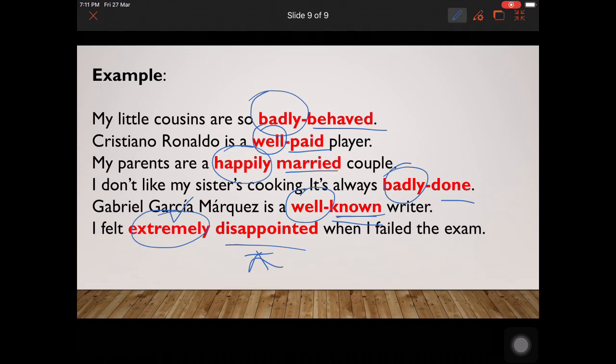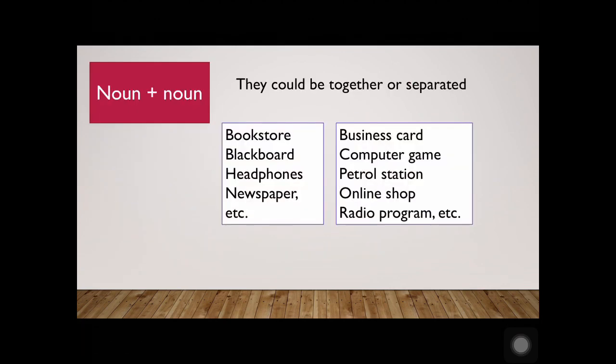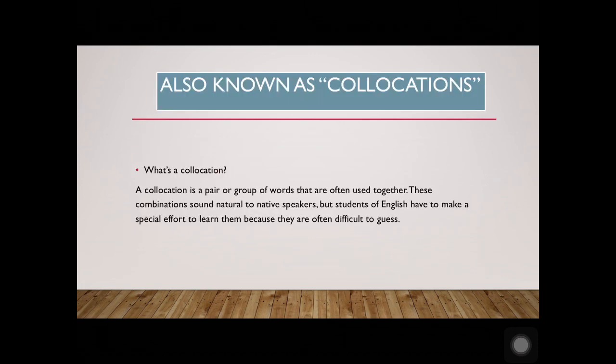So, here it is, guys. As I told you, these are just some of the common collocations, or words that go together. There are many, many others, but today we just covered three types of collocations: noun plus noun, verb plus noun, and adverb plus adjective. And one more time, let's recap. A collocation is just a pair or group of words that go together.